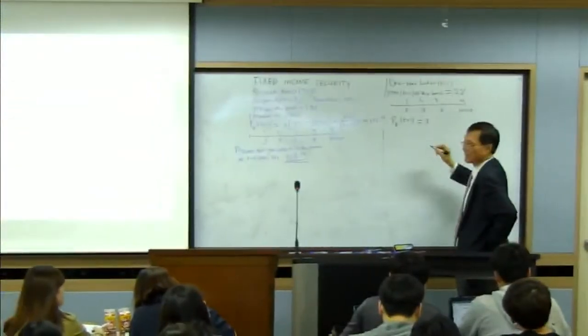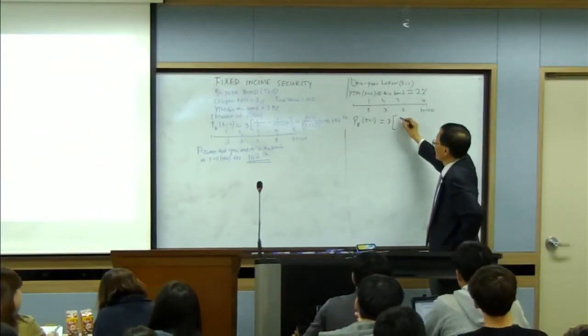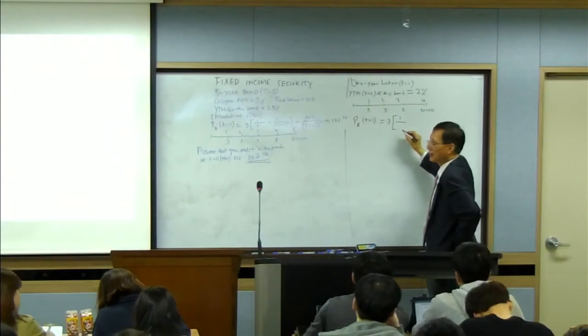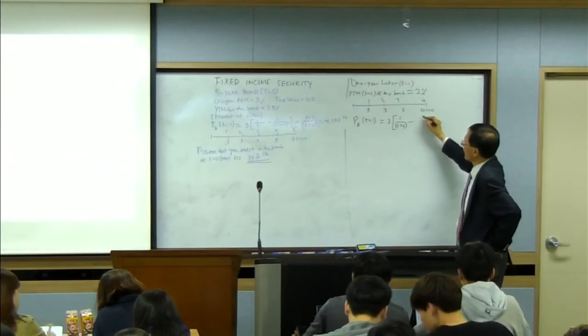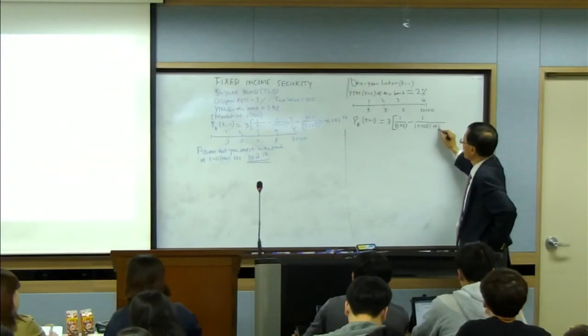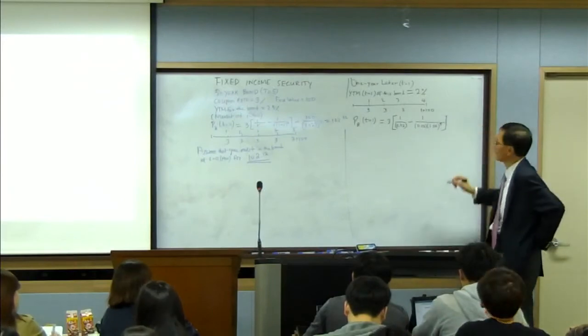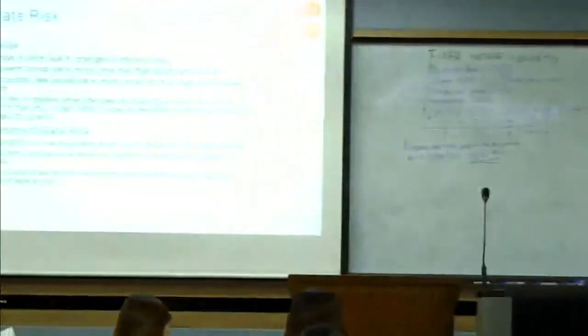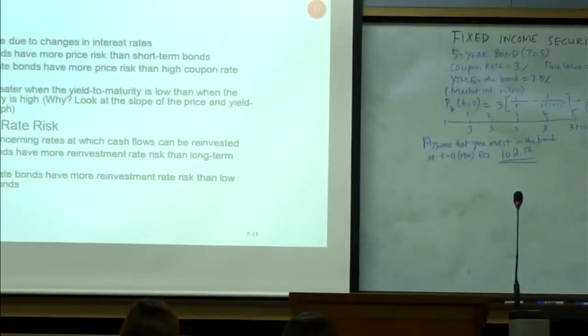Okay, 3 times 1 over, plus 100, right? Compute. I'll give you 30 seconds.